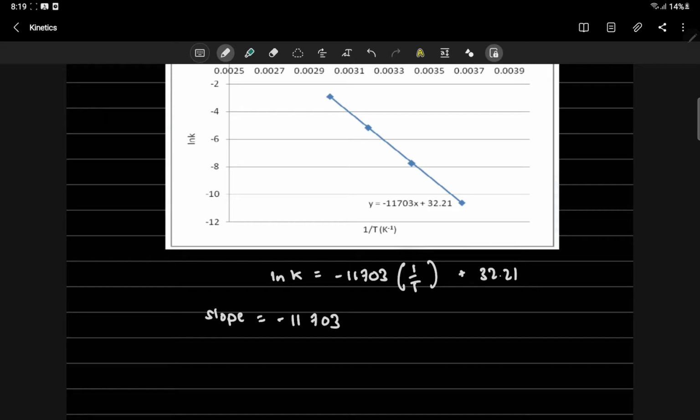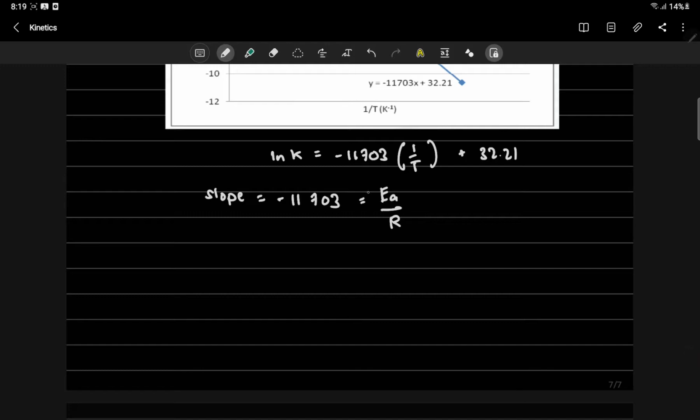Okay, now this slope can be equated with the expression for our slope, and again, that's negative Ea over R. So actually it's negative. And we know the value of R, right? You can use the value of 8.314 joules per Kelvin mole so that we can get a value for the Ea in terms of joules per mole. Alright?